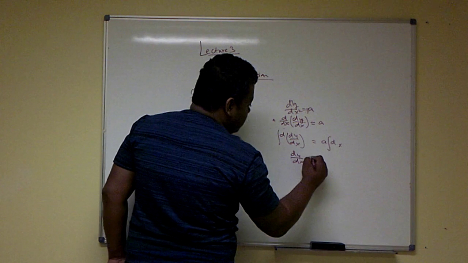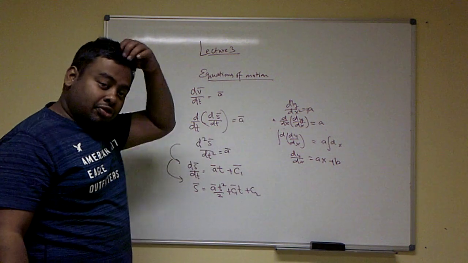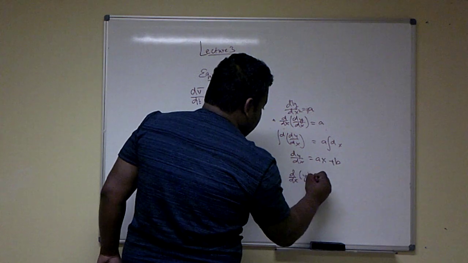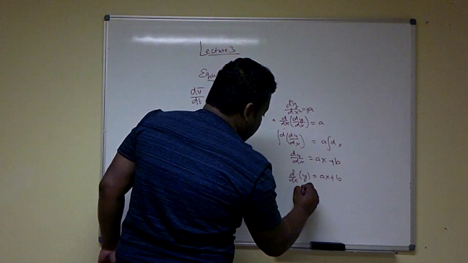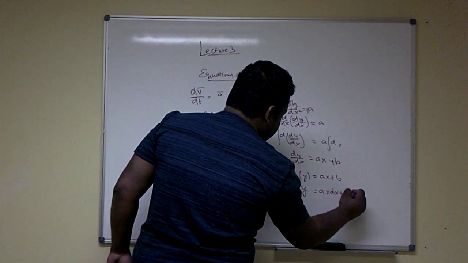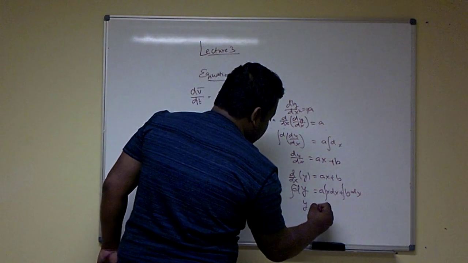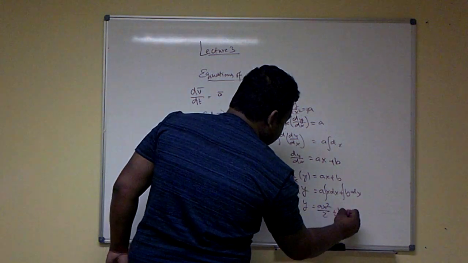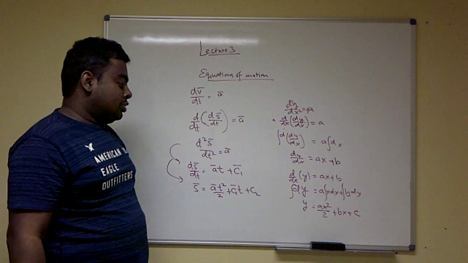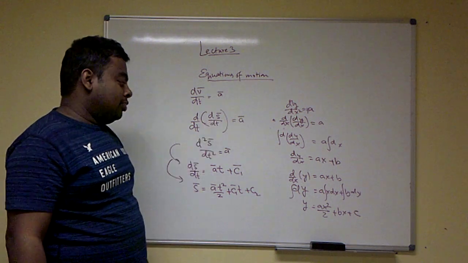So you get dy by dx equal to ax plus b. Okay, and then you get again dy by dx equal to ax plus b, and then dy equal to ax dx plus b dx, integrate it, and you will get y equal to ax square divided by 2 plus bx plus c. Okay, so this is how you'll get it based on constant acceleration value, right?